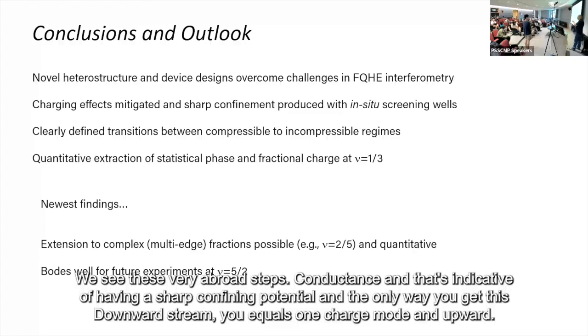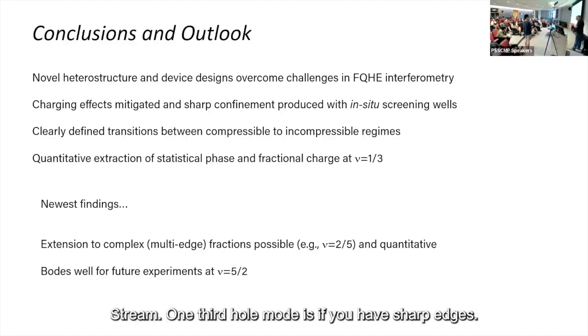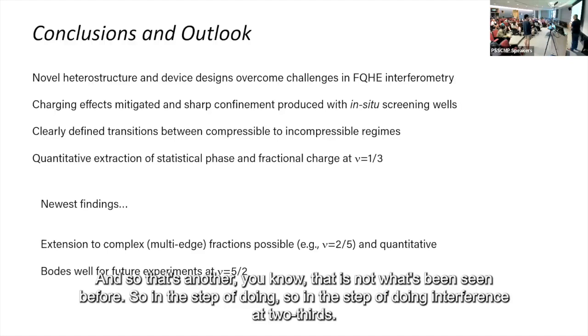You can do the numerics on it. We see these very abrupt steps in conductance, and that's indicative of having a sharp confining potential. And the only way you get this downstream nu equals 1 charge mode and upstream 1/3 hole mode is if you have sharp edges. And that is not what's been seen before.